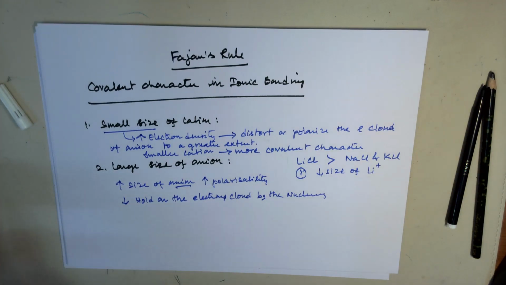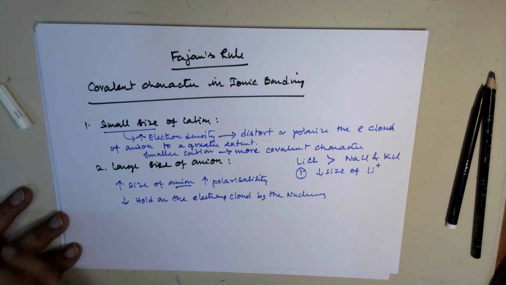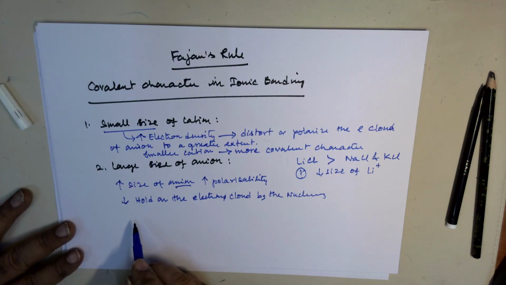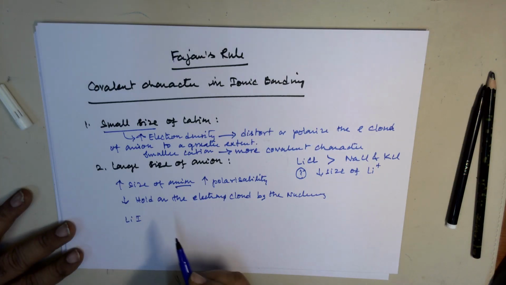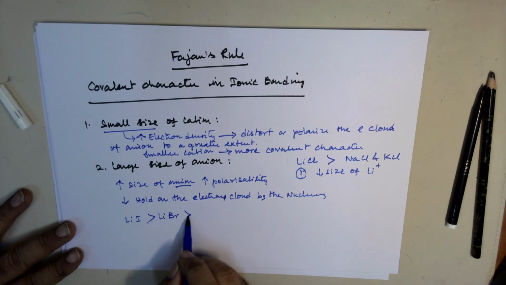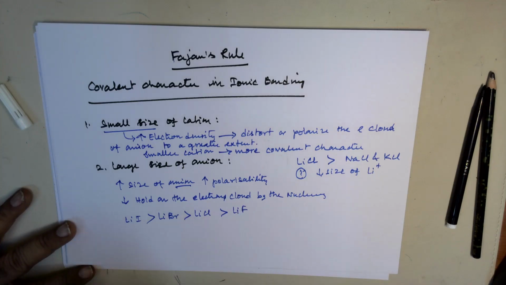Bigger the size, it goes out of control of the nucleus. And because of this fact, the covalent character of lithium halides is in this order. For example, lithium iodide is more covalent than lithium bromide, that is more covalent than lithium chloride, and that is more covalent than lithium fluoride.